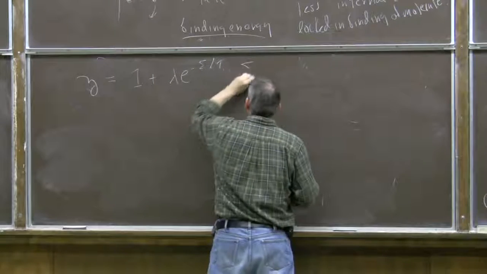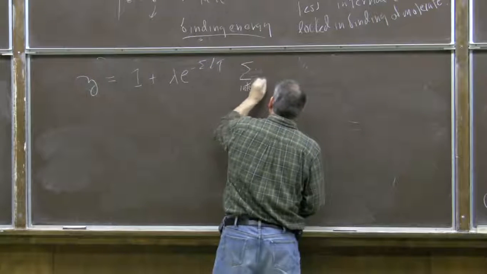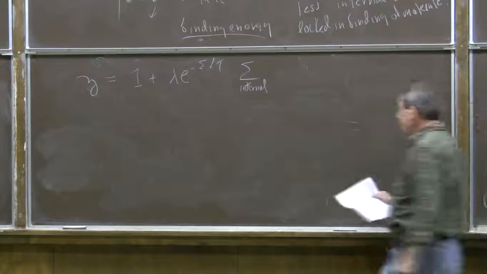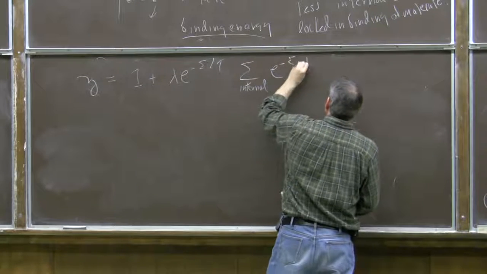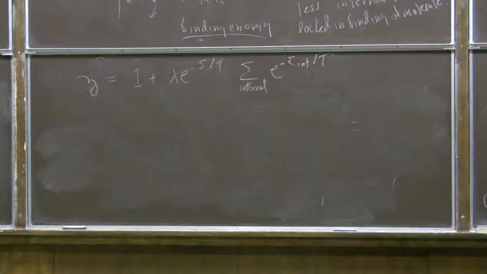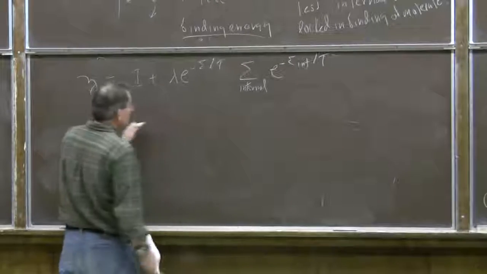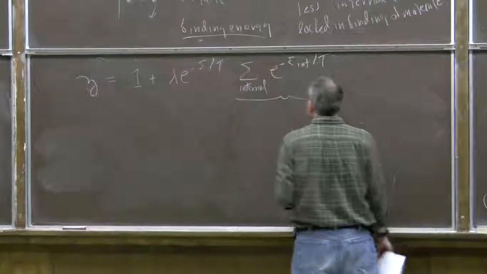So I'll include that all in one sum, which I'll call the sum over internal degrees of freedom, the Boltzmann factor, e to the minus epsilon internal divided by tau. The different vibrational states and rotational states have different energy, and I have to include that in my sum of the Boltzmann factor. So this sum I'll just call Z internal. It's the internal partition function for a single molecule.